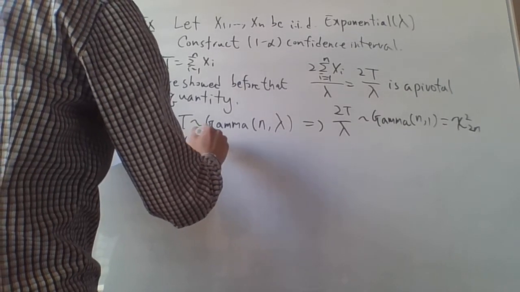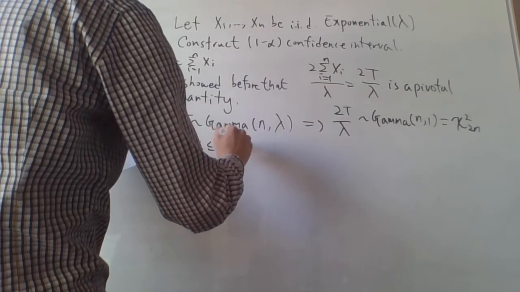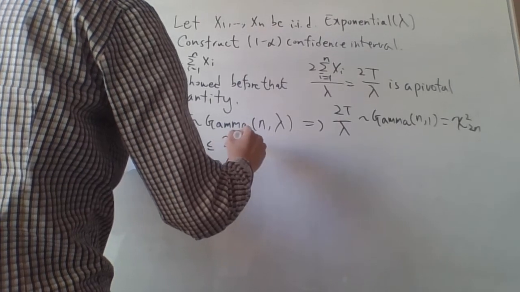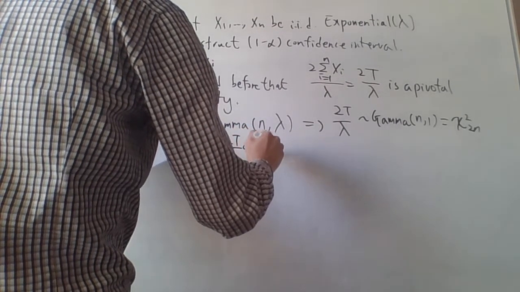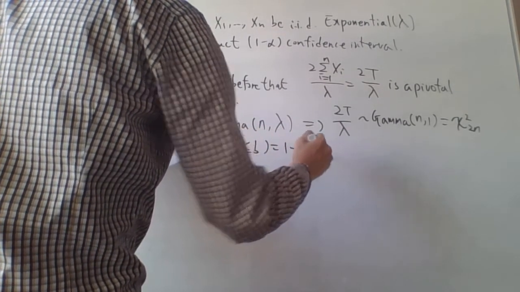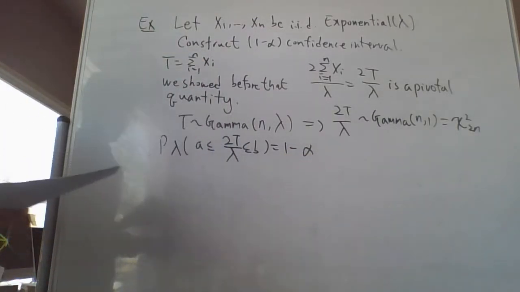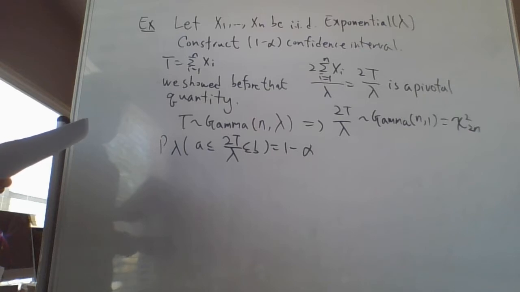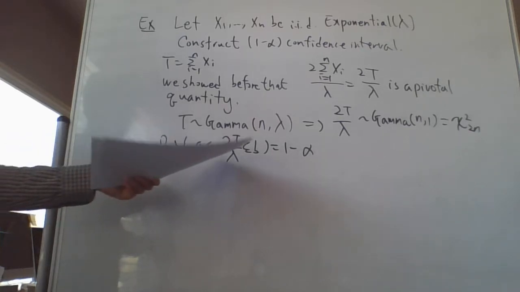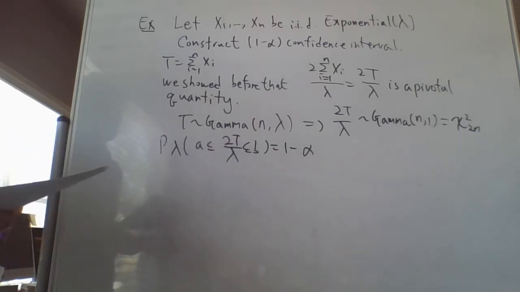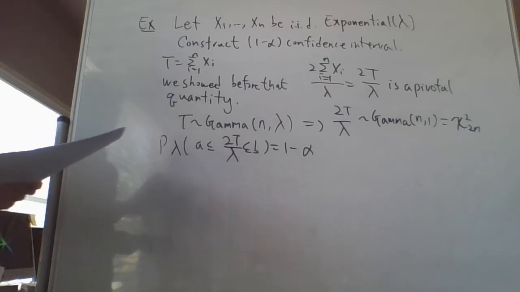Then the interval that we have based on this chi-square distribution is, we first need to find the upper bound and lower bound. We first need to find A and B. So the probability that 2T divided by lambda is between A and B is equal to 1 minus alpha.